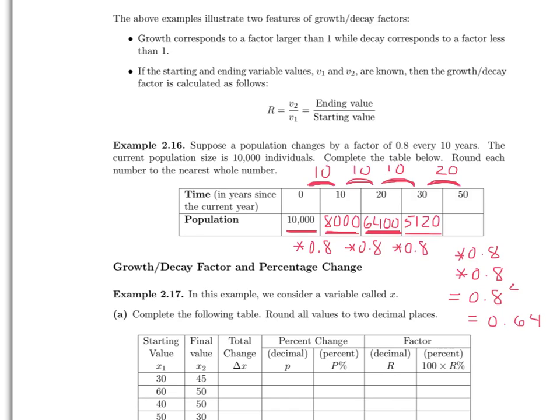So if I take my starting value, which in this case would be 5,120, and I multiply that by 0.64, that should tell me the final value of the population 20 years out. If I calculate this, I arrive at 3,277 when rounded to the nearest whole number.